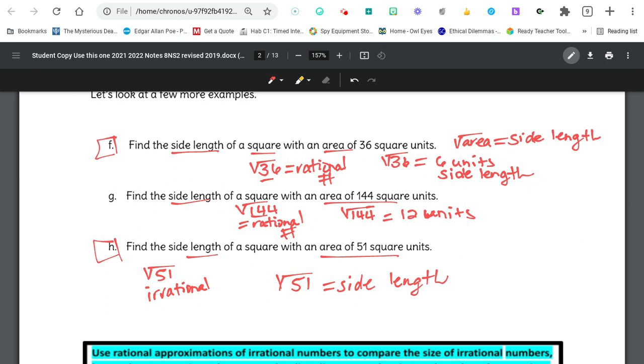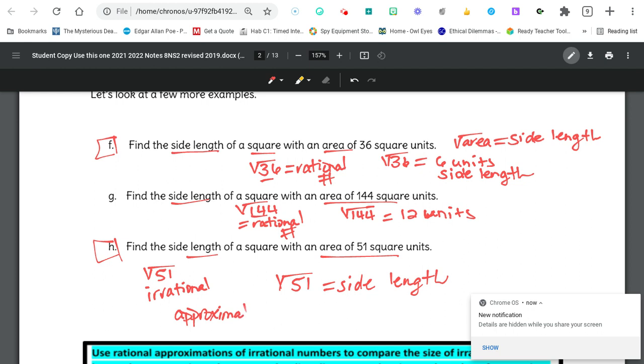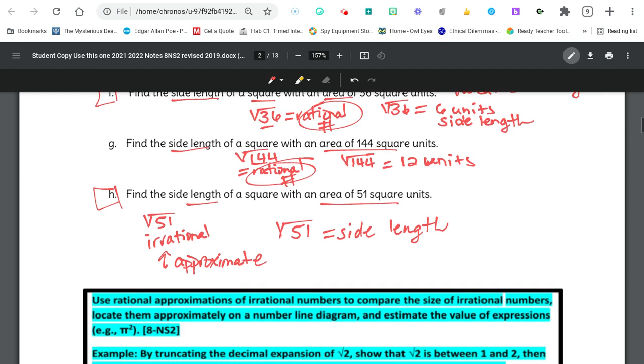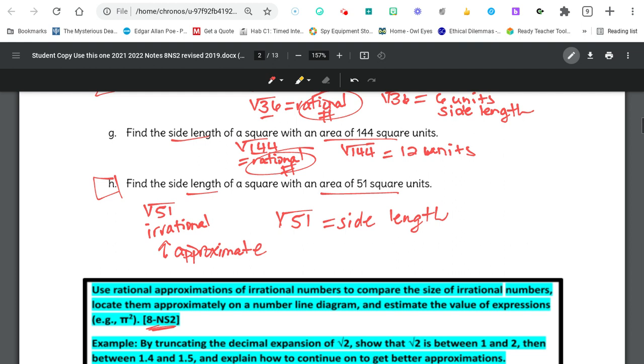So what do you do to find those side lengths? Well, on these, we're going to have to approximate it or round it off, okay? Because we end up with some irrational number instead of some rational number. So that's the whole standard. Standard 8NS2, we're going to use rational approximations of irrational numbers.